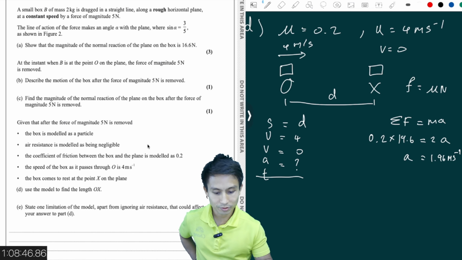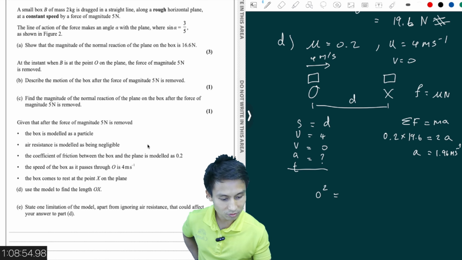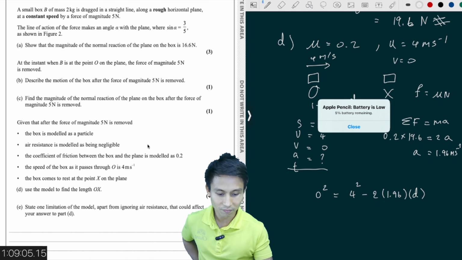All right. So there we're going to plug in the suvat. So 0 squared equals u squared minus, because it's a deceleration, 2 times a times s, which is what we want to find.